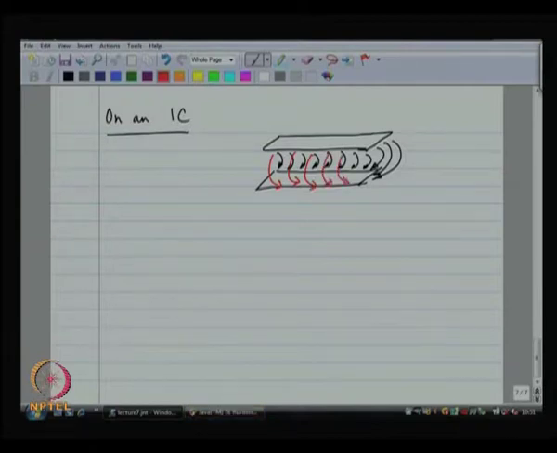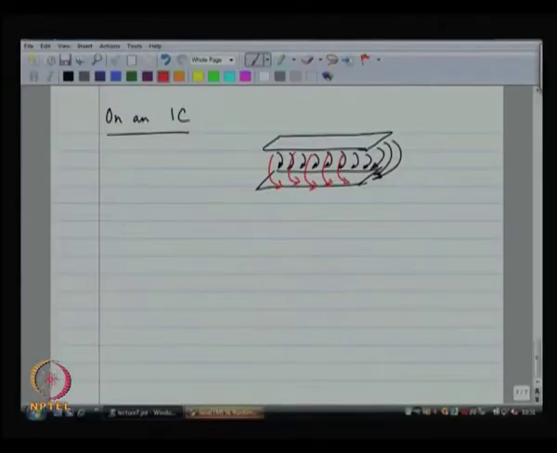So, there is going to be a lot of fringing in this case when you just place two tracks parallel to each other. So, you usually want a large area. Okay.